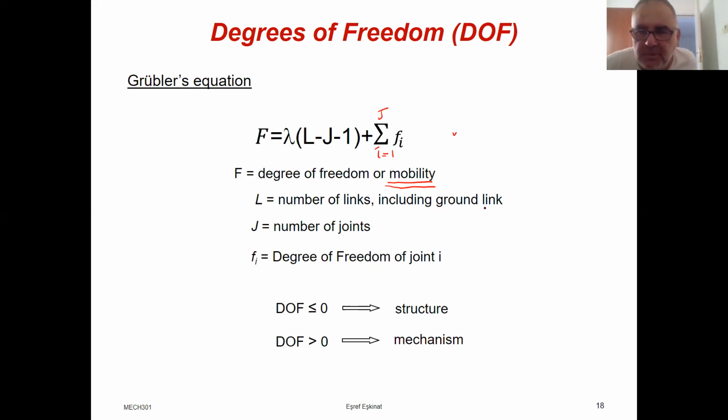For example, if you remember trusses in your statics class, if you combine everything by revolute joints and so on, and you find the degree of freedom of this truss, you will find that it is 0, which means that there is no motion here.